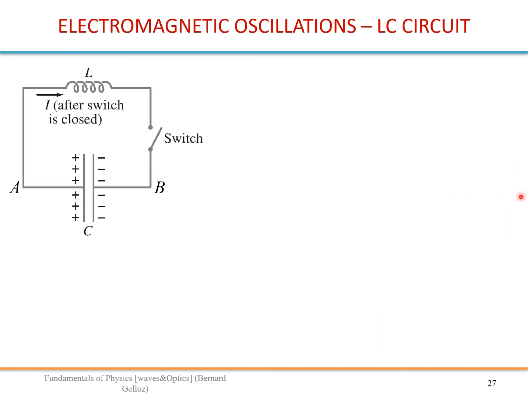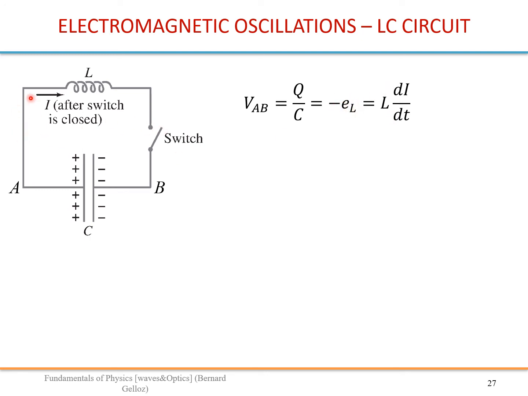So let's derive these functions using mathematics. First of all, the voltage between A and B across the capacitance is Q over C, and across your inductance is minus the induced EMF, which is minus E in this case.